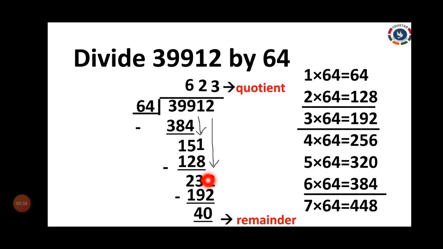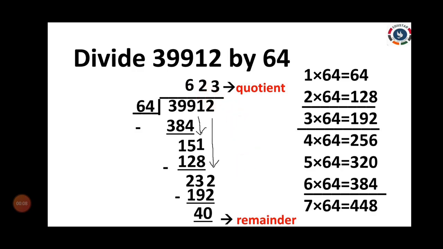Then you have to subtract the values. 2 minus 2, 0. Then here 3. We can't subtract 9 from 3. So the 3 borrows from the nearby number. The 2 becomes 1. The 3 becomes 13. So 13 minus 9, 4. So 40 is the remainder. So what do we get in the answer? 623 and 40 is the remainder.